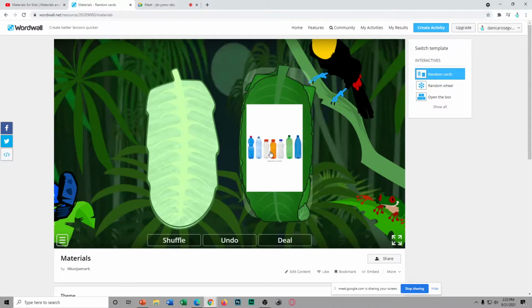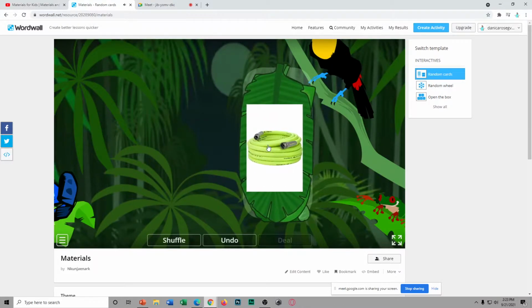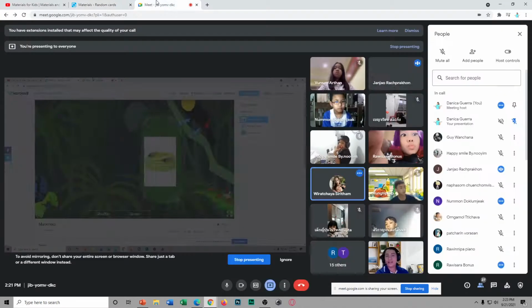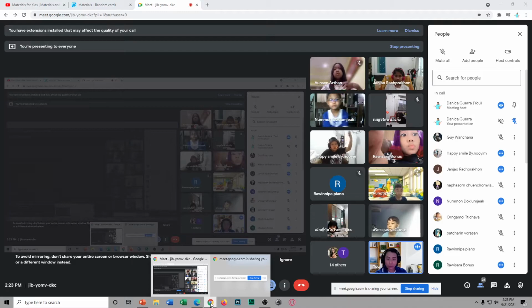Bottles made of chemical and plastic. Yes. Bowls made of plastic and chemical. Hose made of plastic and metal. Okay. Now, don't worry. Later we have more and more games.